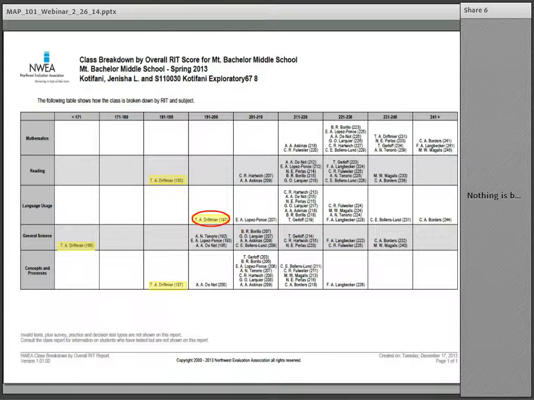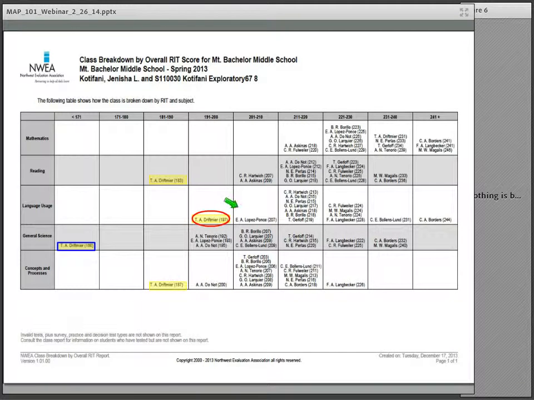Since we missed T.A. up in mathematics, the red circle indicates what his highest score was, just looking at the 4 that we have highlighted. And his lowest score is in the blue box, which is in general science. Now, take into consideration when you're looking at 231 to 240 in mathematics, there you go.